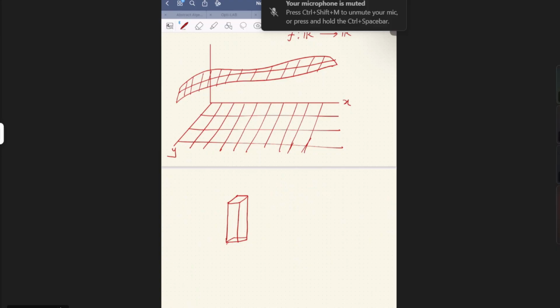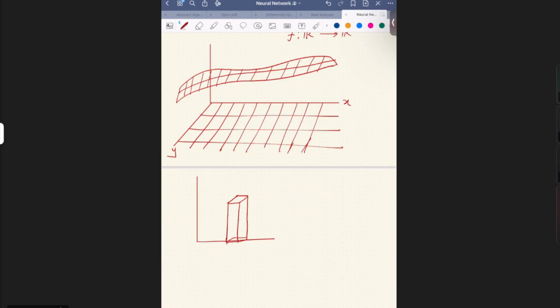What neural network? I need a single cuboid with the x and y. Let me take the domain is sitting here, and this one I could draw very perfectly. It is sitting inside a domain at some particular place here. I want a piece of domain, in a particular region.